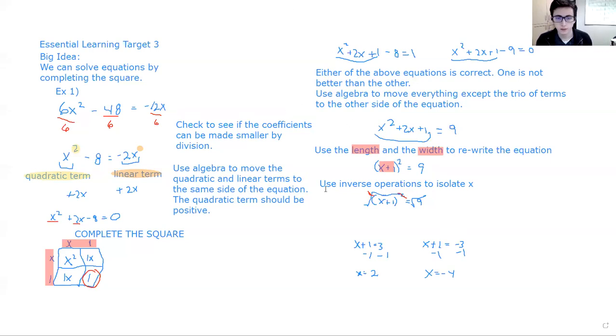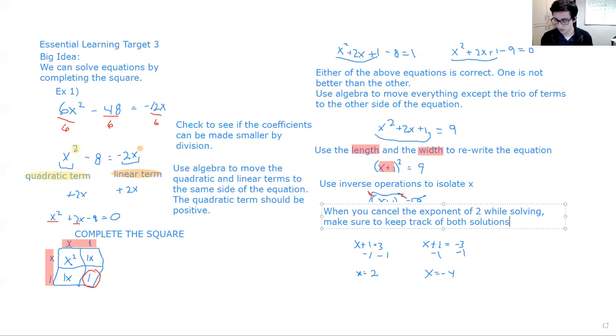When you cancel the exponent of 2 while solving, make sure to keep track of both solutions by having a positive and negative version.